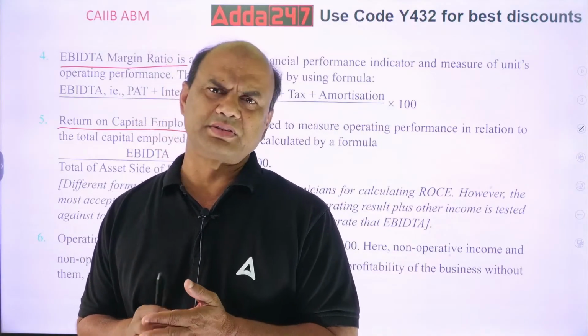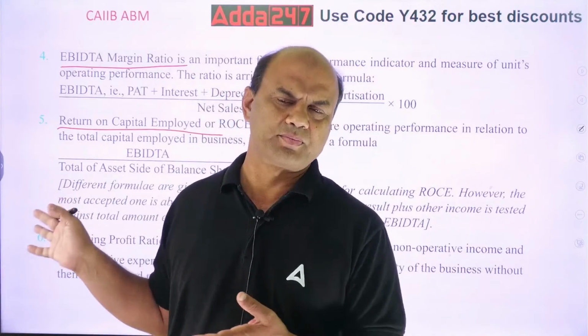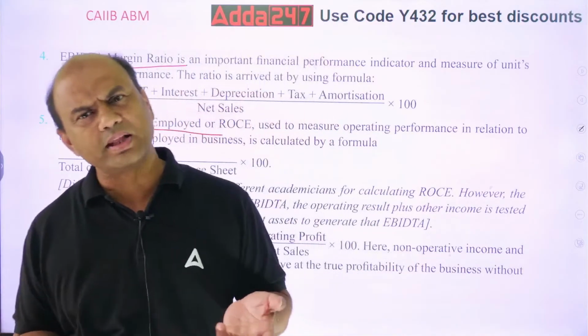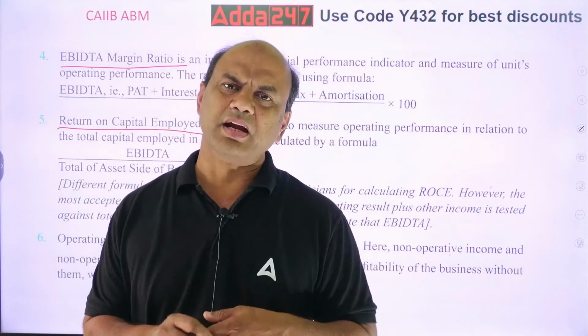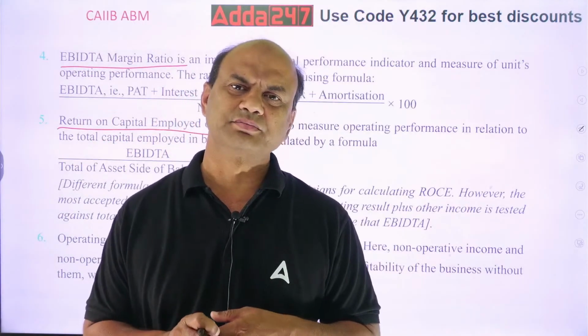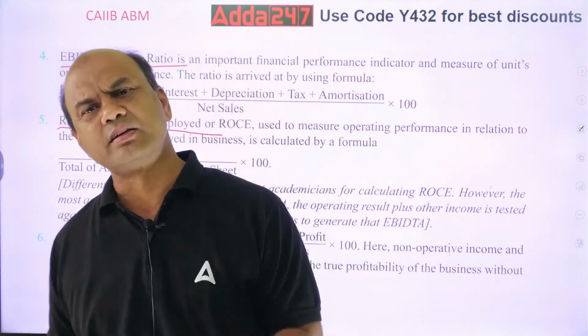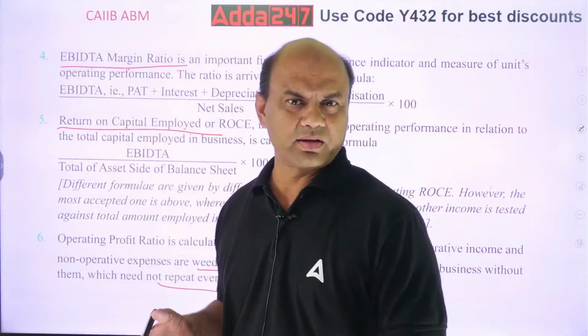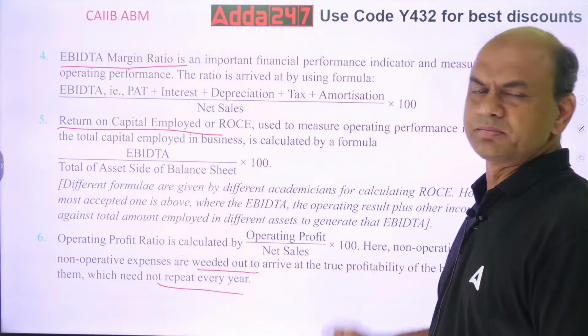I am a normal shopkeeper, I sell my furniture in the shop. So that's not my daily business, isn't it? I am a simple retailer and I am selling my furniture. Or I have one car which I am driving, now I will sell it. So do I sell the car every year? No. So that is non-operating profit or income.